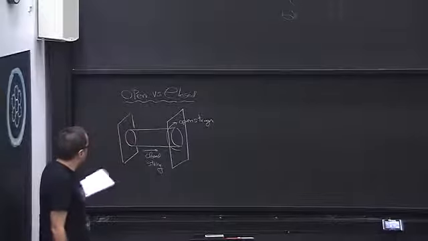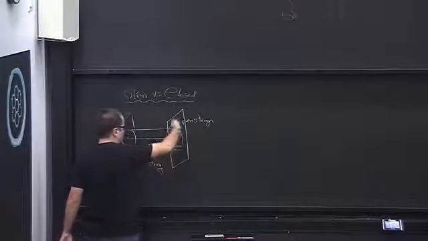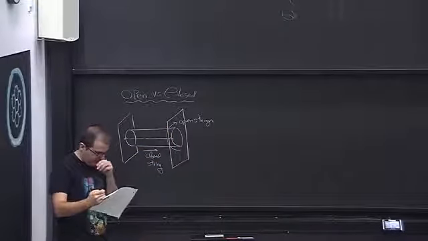And indeed, I can describe this as an open string stretching between this brane and going around, or as a closed string being emitted from one brane to the other. Okay?